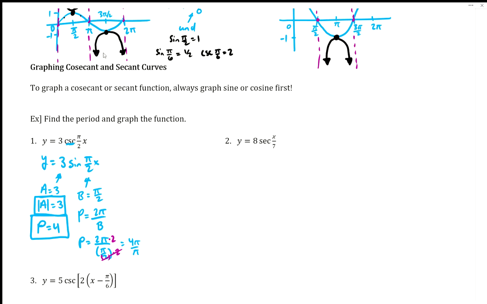Now we're going to sketch our sine curve. It might be good to do dashed lines because you are doing cosecant eventually, especially if you don't have multiple colors, but I would always recommend multiple colors. So I am going to do a dashed sine curve.